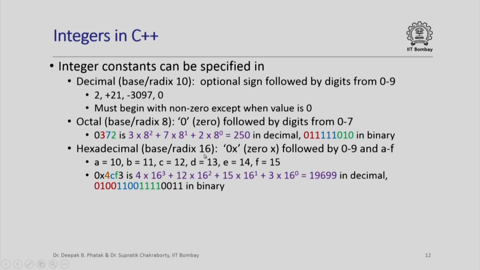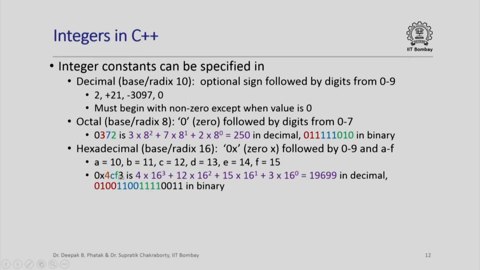Similarly, I could also use hexadecimal, in which case I would have to prefix 0x, and in hexadecimal, which is basically base 16, I need numbers from 0 to 15, but we only have the numerals 0 to 9, so we use A through F to denote 10 through 15.